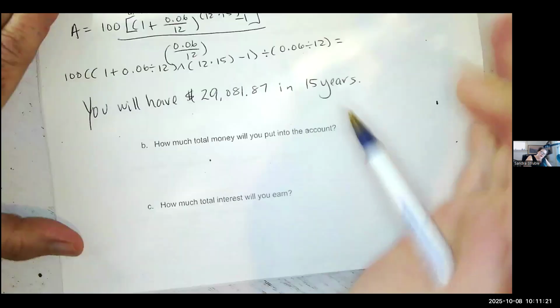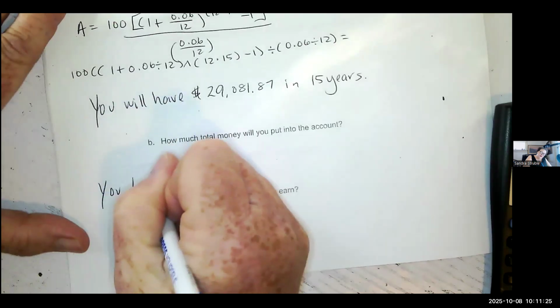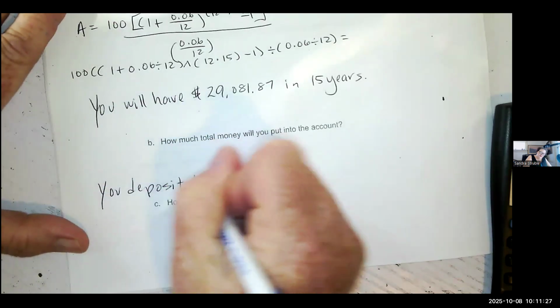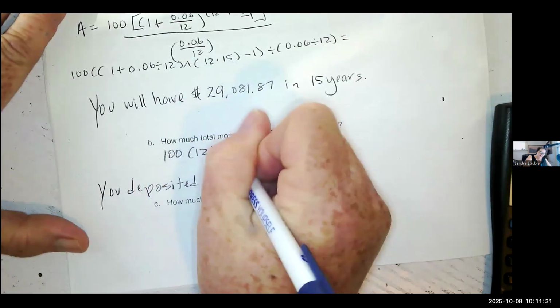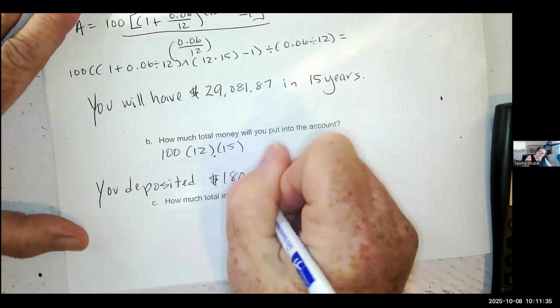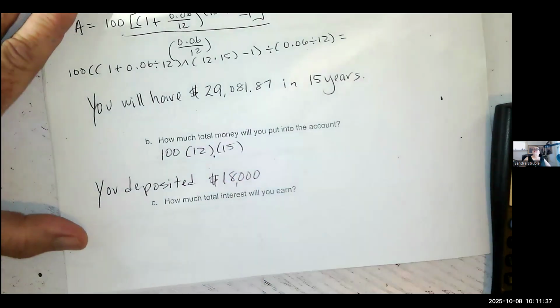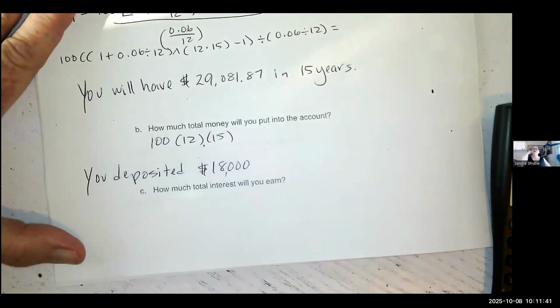Total money deposited: you deposited $100 per month for 15 years, so you deposited $18,000. How much interest will you earn?